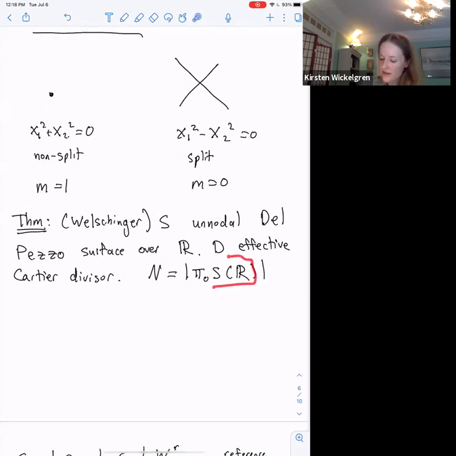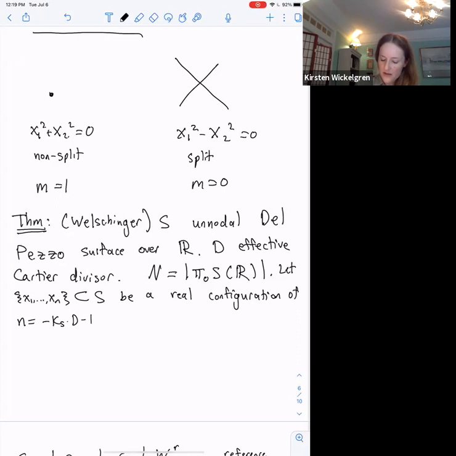So there are some Del Pezzo surfaces with interesting connected components. Let capital N be the number of them, and we'll pick some points, where little n is that dimension count from before. So let x1 through xn be a real configuration of n points, meaning it's invariant under complex conjugation. And we'll record how many real points are in each component.